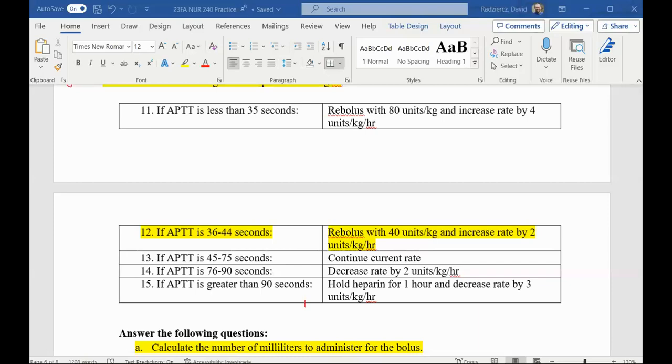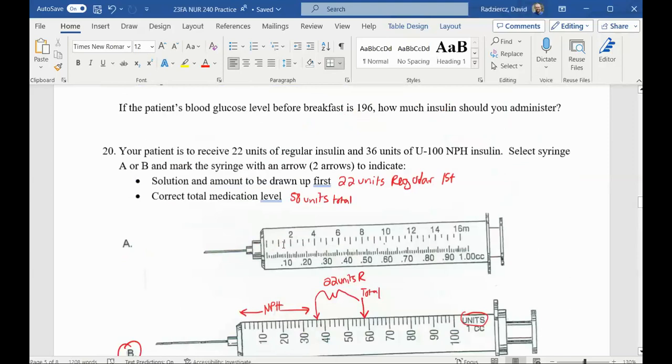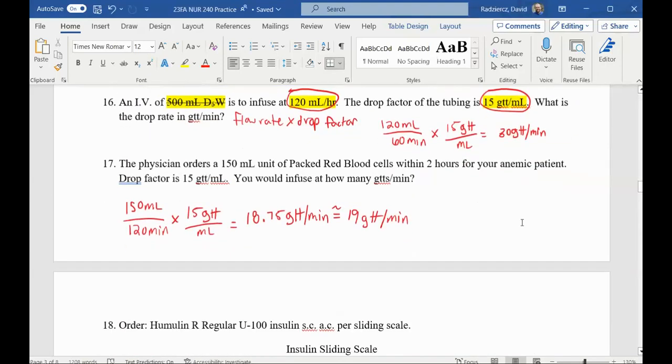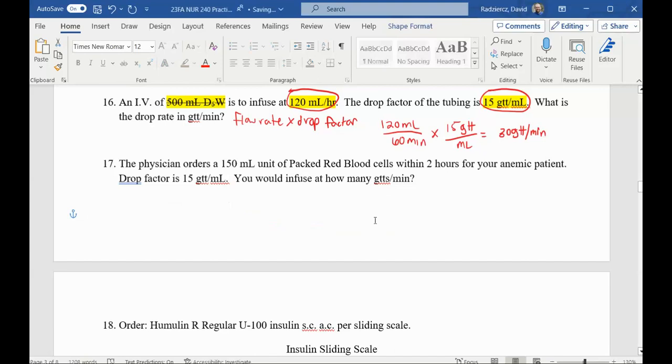All right, so let me pull up 17. So is this the 150 mil packed red blood cells? Yeah. Okay. Keep in mind, anytime we're doing a drop rate question, you need 2 pieces of information.